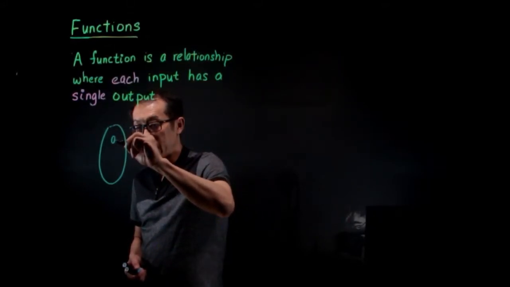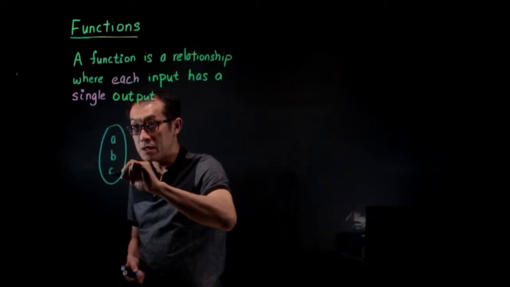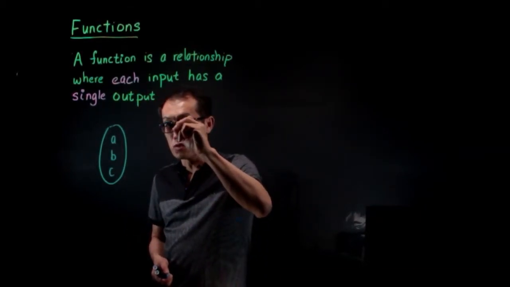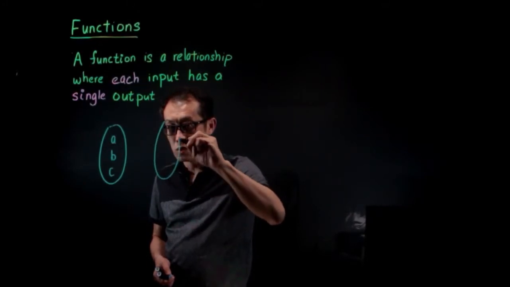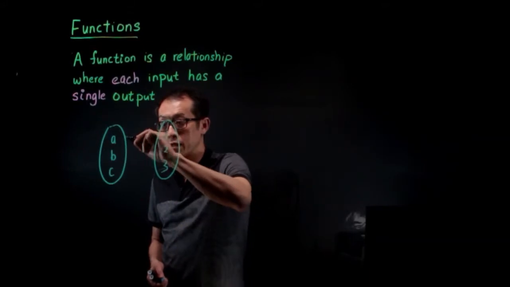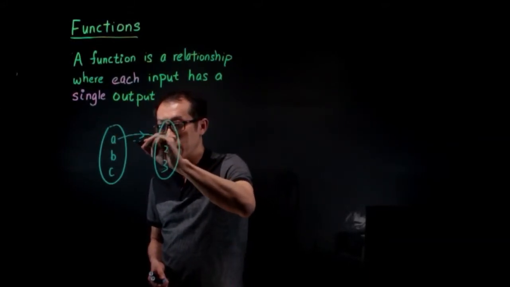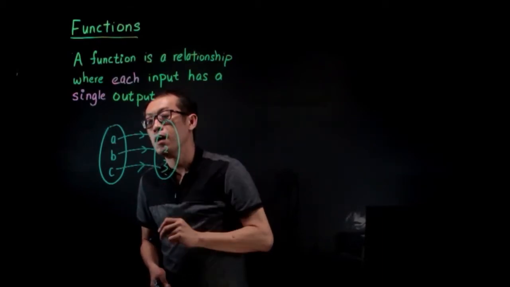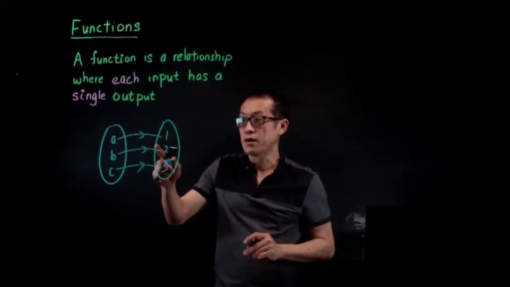So you have A, B, C. Now A, B, C is mapped into 1, 2, and 3. Now this is a function.